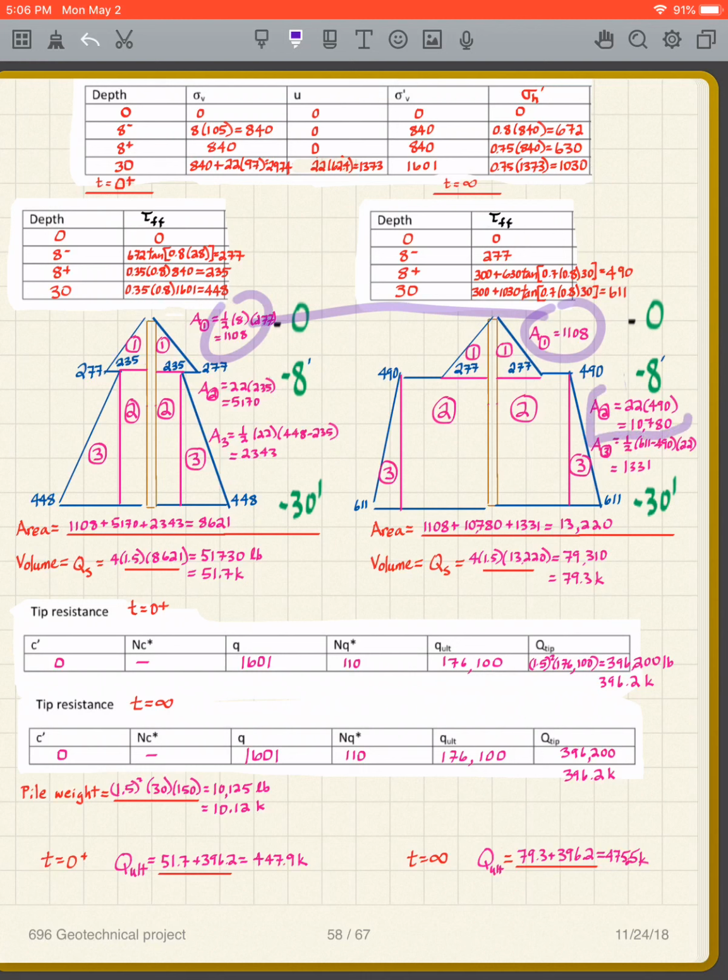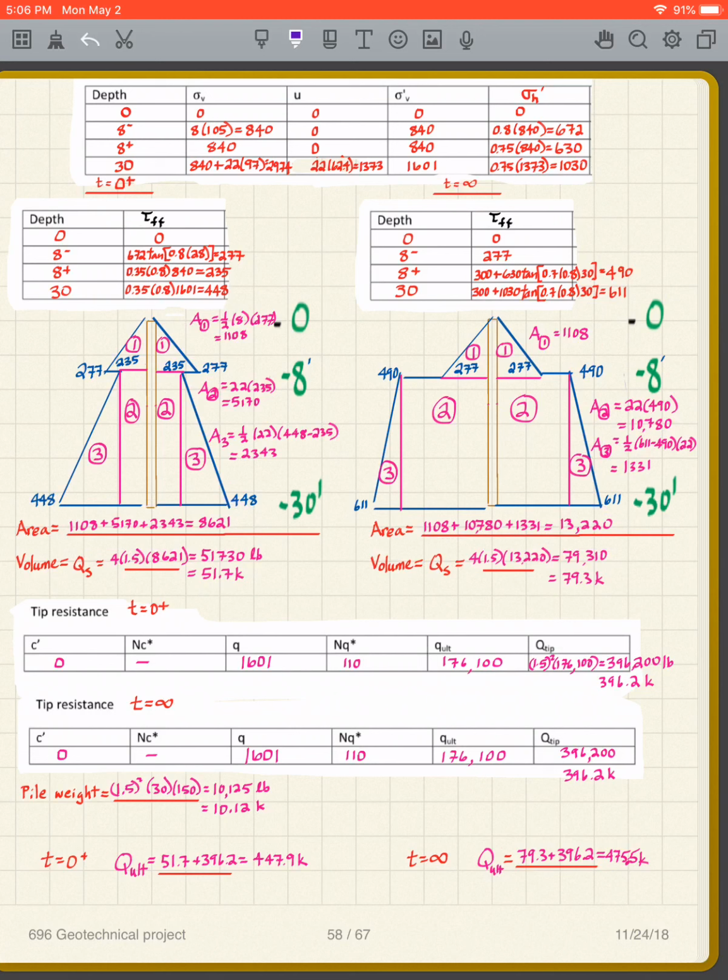Area 2 is this rectangle here. And area 3 is that triangle there. So you can all get those areas, and then we add up all those areas, and then we need to find the volume.